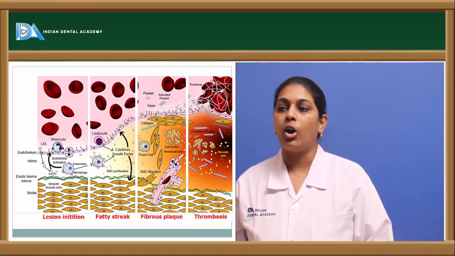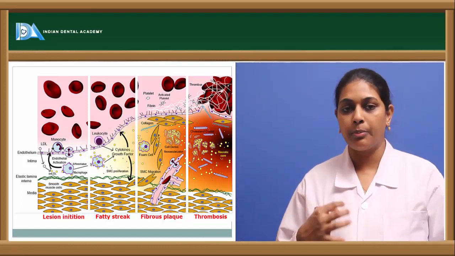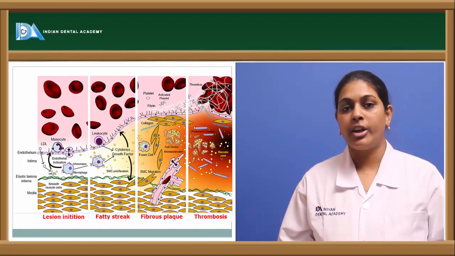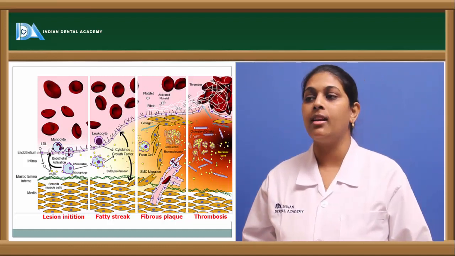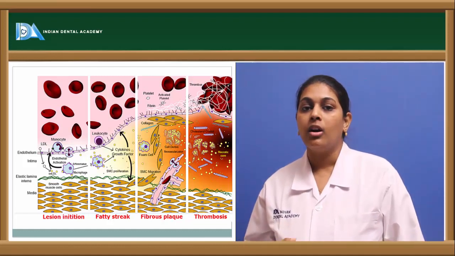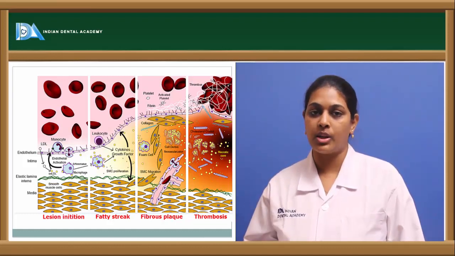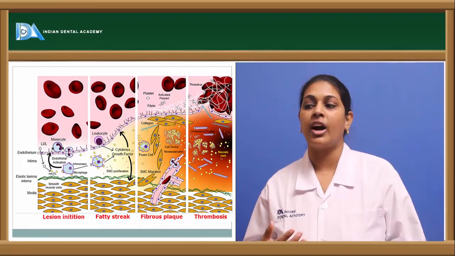All these together along with the foam cell formation, that is low density lipoprotein along with the monocyte, known as a foam cell, and the proliferation and migration of the smooth muscle cell, all of this together associated with the cell debris and the formation of new blood vessels known as neovascularization, together contribute to formation of a fibrous plaque.